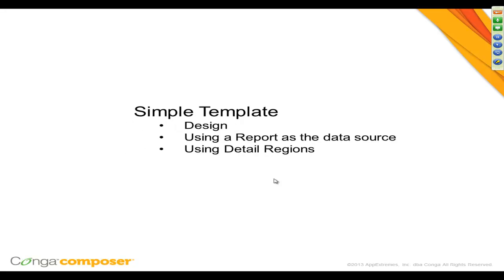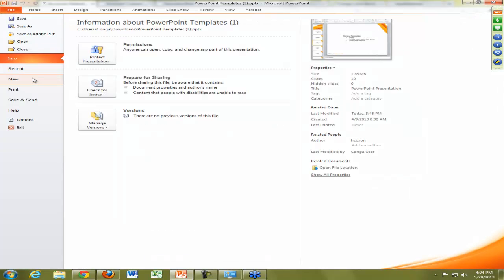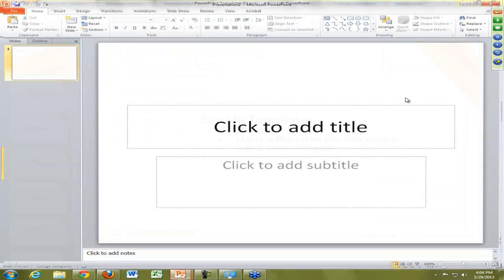For our simple template, these are what we're going to cover, starting with design. Let me go ahead and open up a brand new PowerPoint, and we'll start building. New and blank.